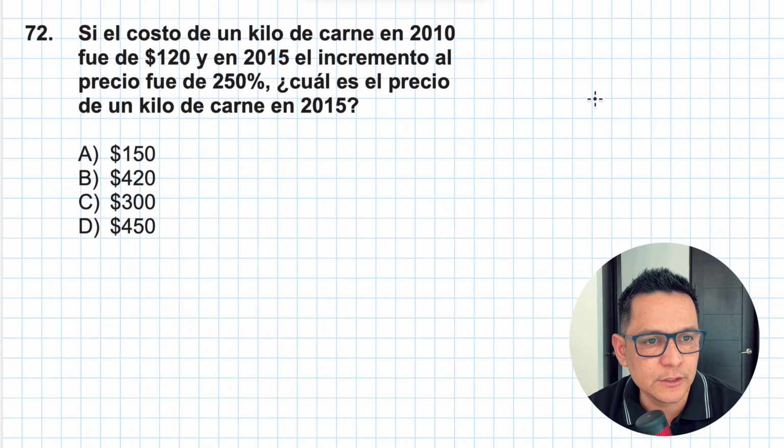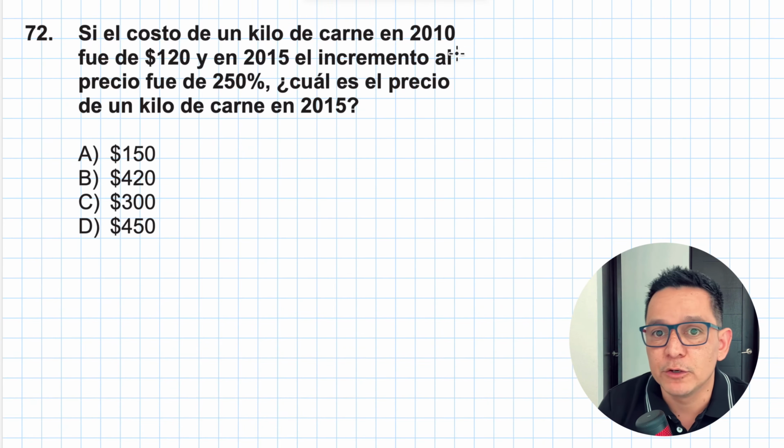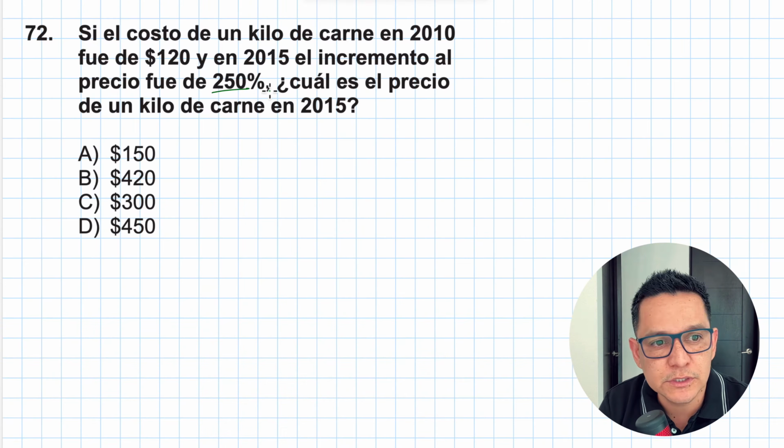Exercise number 72. If the cost of a kilo of meat in 2010 was 120, and in 2015 the price increased by 250%, what is the price of a kilo of meat in 2015? Let's see. The first thing we're going to do is calculate 250% of 120, right?